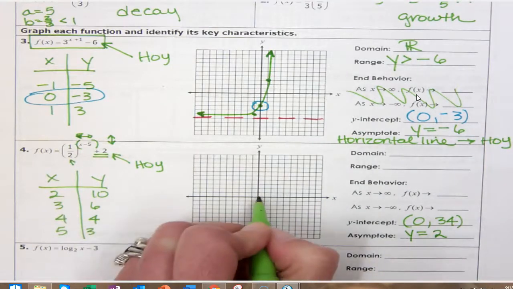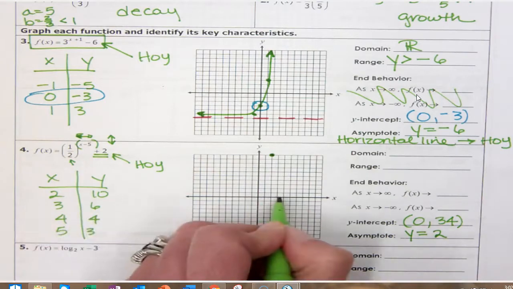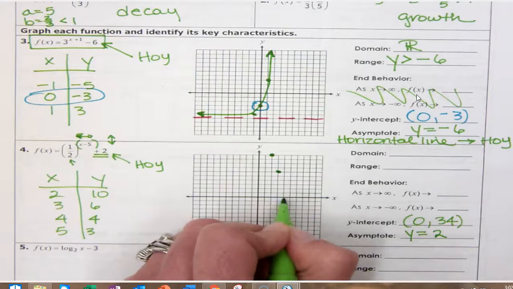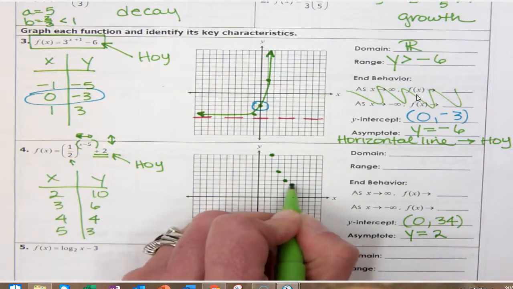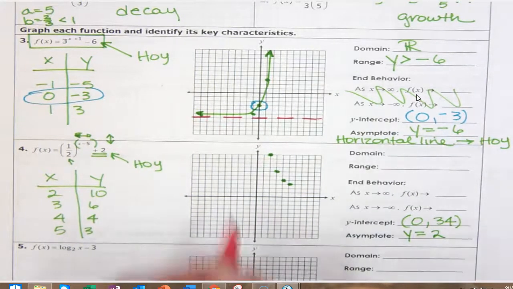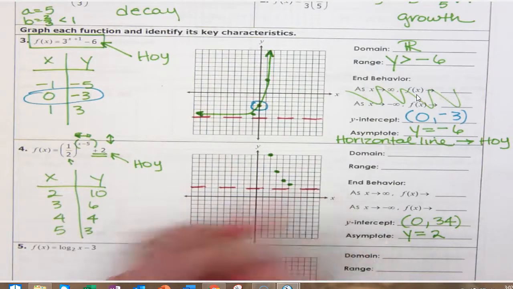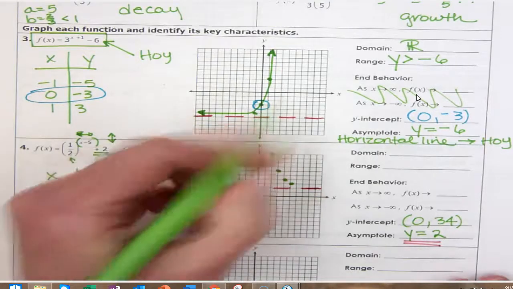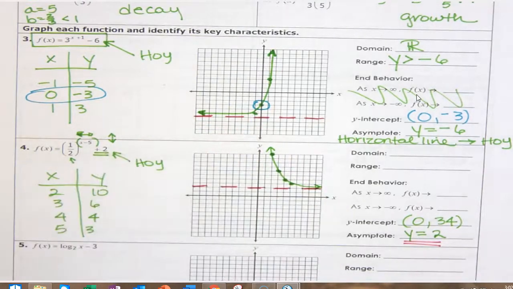Now I can graph 2, 10, 3, 6, 4, 4, and 5, 3, and that asymptote right at positive 2. And that line's going to just skim right on top of the asymptote.